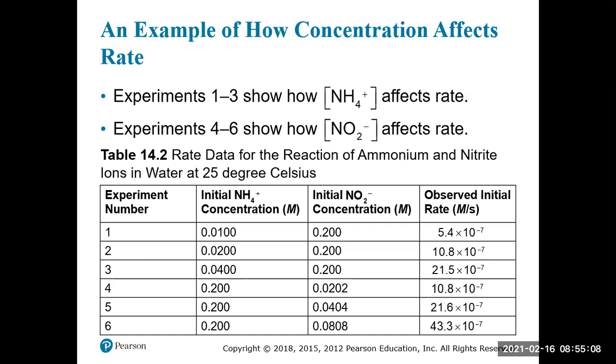What we see over here is the initial rate. Remember we talked about how from that plot we can calculate what the initial rate is. From the initial rate data, we see it goes from 5.4 to 10.8 to 21.5, all times 10 to the minus 7th molar per second.